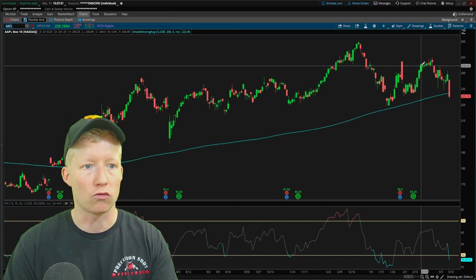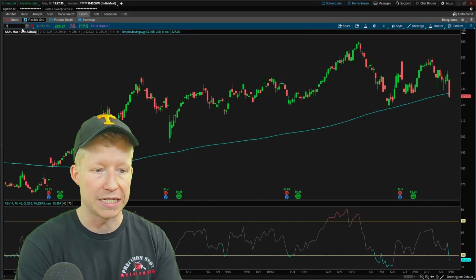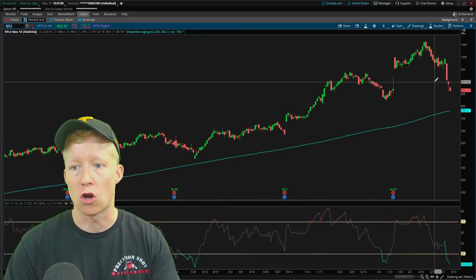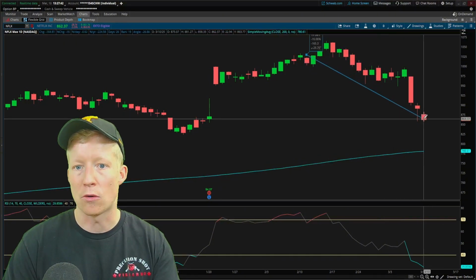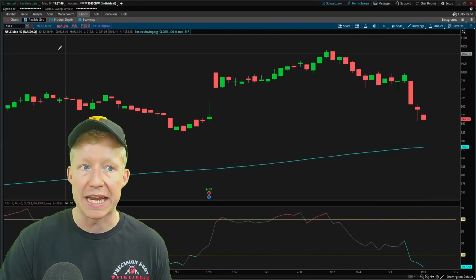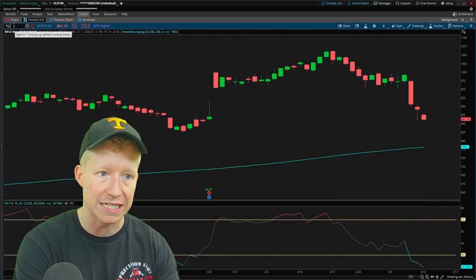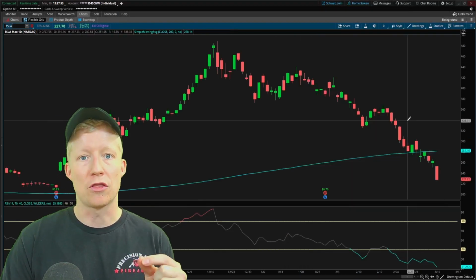Apple, another really strong growth stock, from about February 10th is only down 5%. Netflix, a ridiculously strong growth stock, from February 10th is down 16%. So yes, all growth stocks get hammered when the market goes down, but Tesla is still underperforming the market.